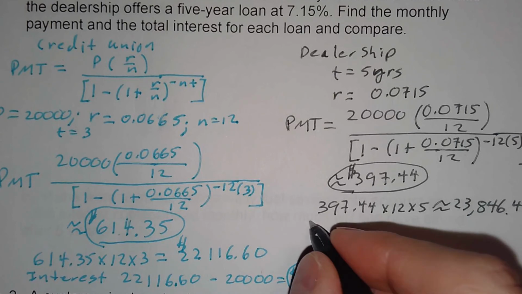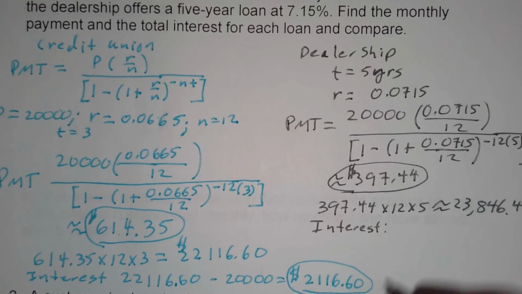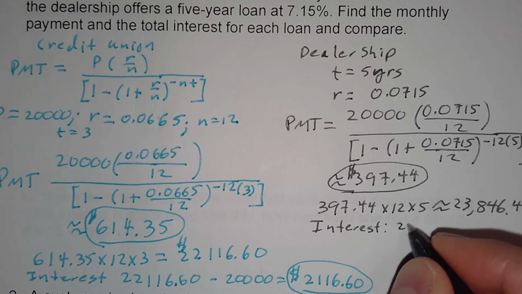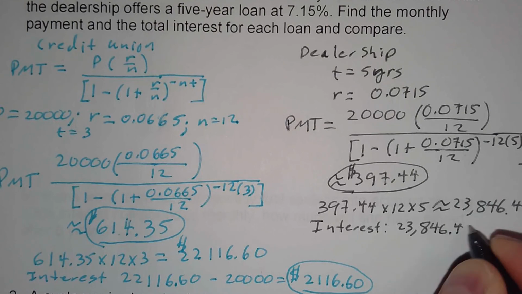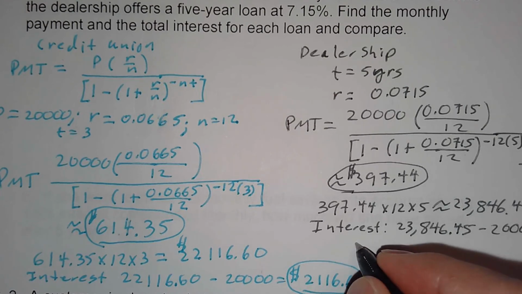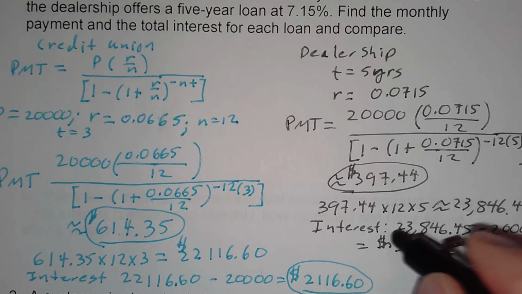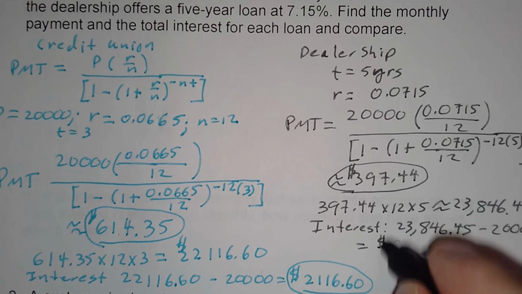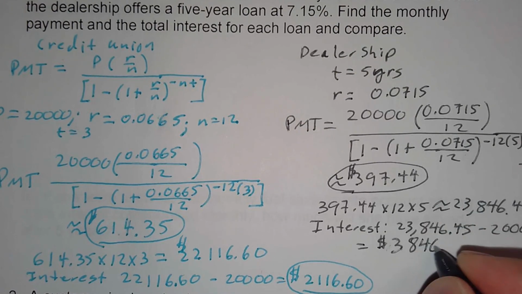And then our interest would be that $23,846.45 minus the 20,000. And that would give us $3,846.45 in interest.